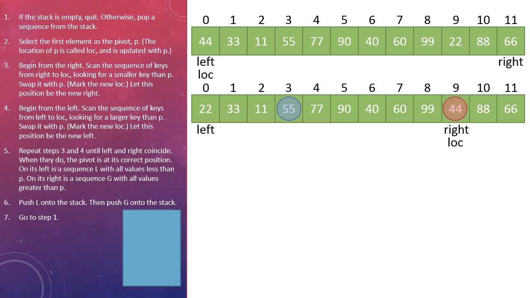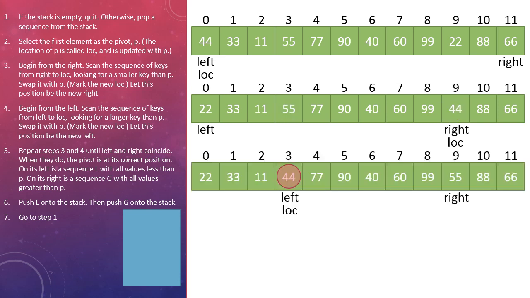So this means that I am going to swap elements of indices 3 and 9. And I do that. 44 and 55 have been swapped. See that lock is now pointing to 3 because 3 contains 44. I was scanning from the left, so left has been updated and right is where it was.